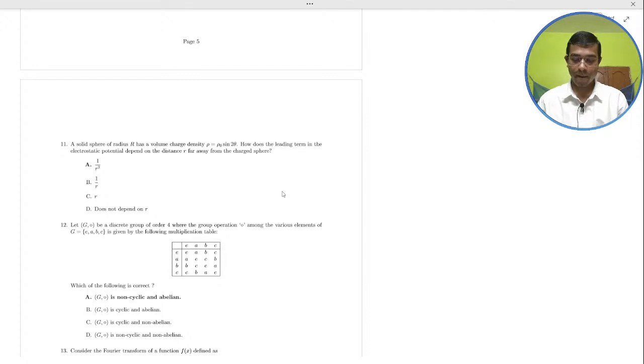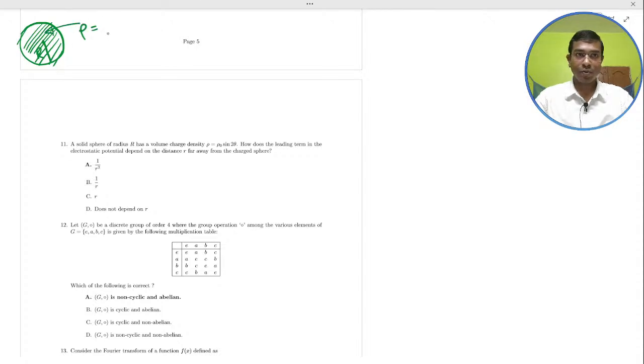So now just calculate. Here this is a solid sphere, this is the r, and here rho equal to rho naught sine 2 theta.